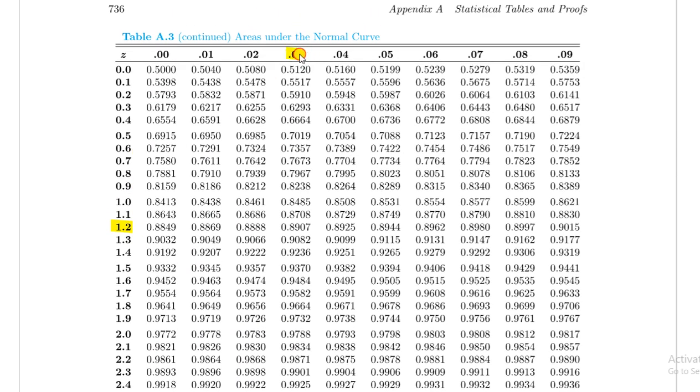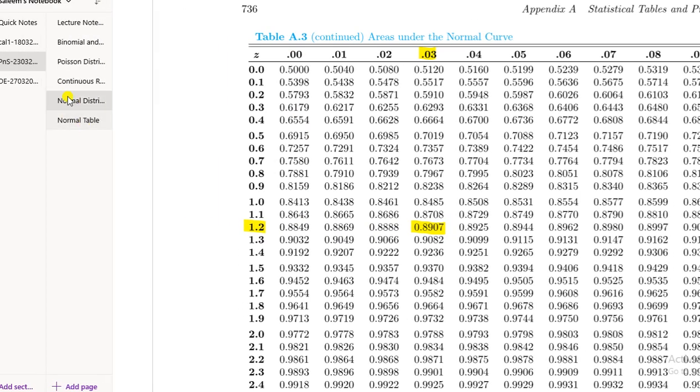If you come down here, this is the intersection from 1.2 under the fourth column. You see the first column is 0.00. Sometimes we make this mistake. We say, okay, this is 1.2, 1, 2, 3, this is 1.3, but this is 1.22. The fourth column will give you 3. So this is 0.8907.